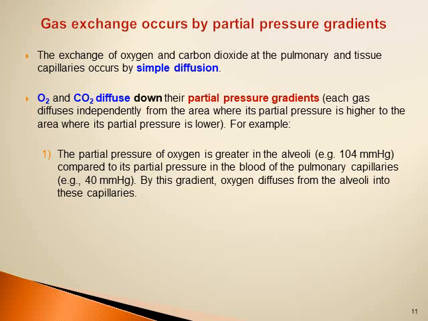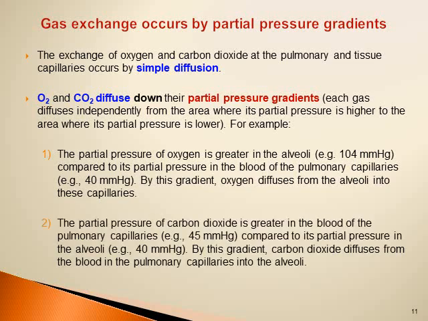So the partial pressure of oxygen in the alveoli is 104 and its partial pressure in the pulmonary capillaries is 40. This gradient will favor the movement of oxygen from the air in the alveoli to the plasma of the blood in the pulmonary capillaries. By this gradient, oxygen diffuses from the alveoli into the pulmonary capillaries. On the other hand, the partial pressure of carbon dioxide is greater in the blood of the pulmonary capillaries.